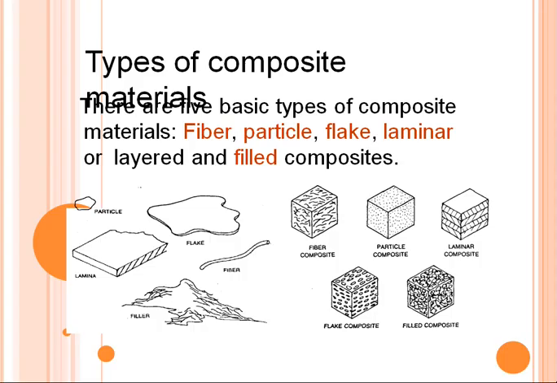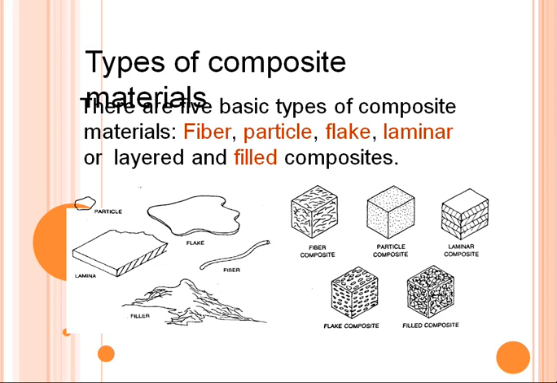Further, there are five basic types of composite: fiber, particle, flake, laminar or layered, or filled composite. So here you can see different shapes: particles, and how the lamina will be. Flakes have an uneven surface, fibers are in the horizontal direction, so it will be uniform throughout the length.